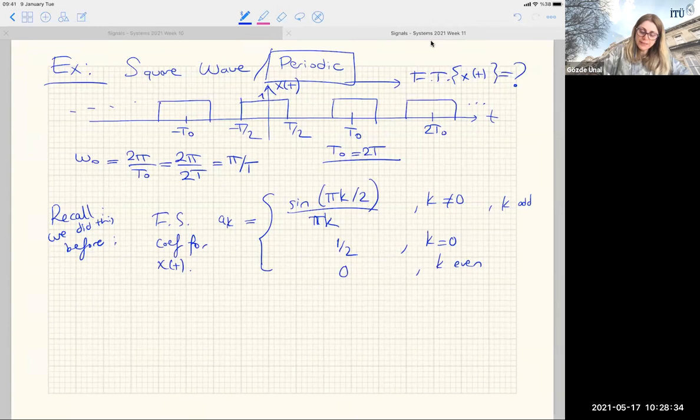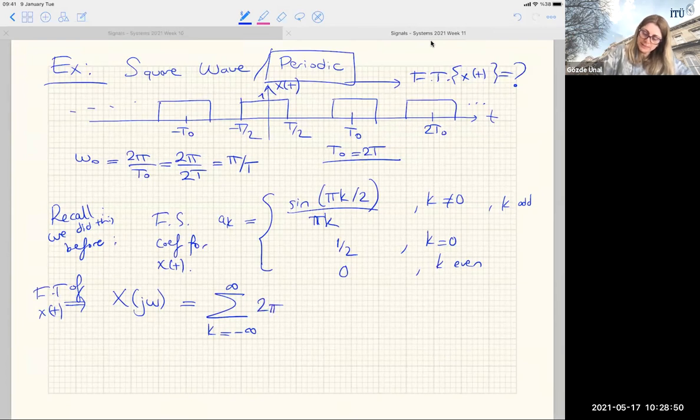So now from here, we know the Fourier transform. The Fourier transform of x of t is related to this by weighted and shifted impulse functions. It is really 2 pi a_k, and I need delta omega minus k omega 0. This is what we have.